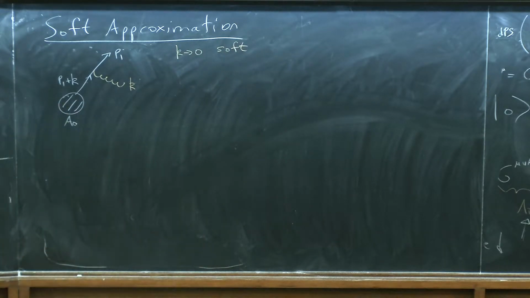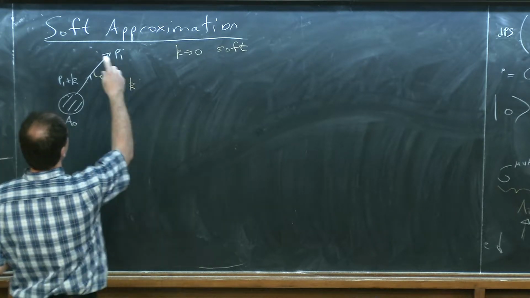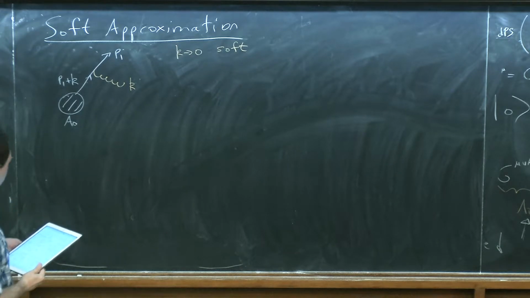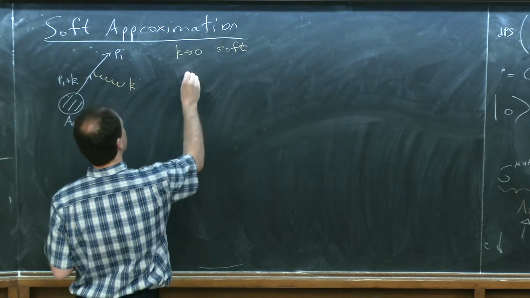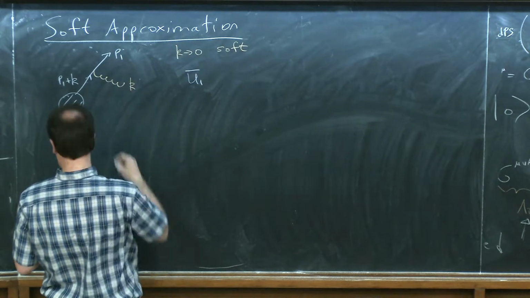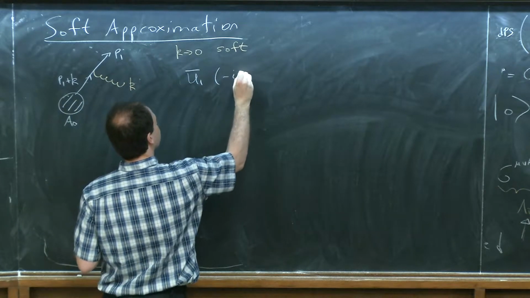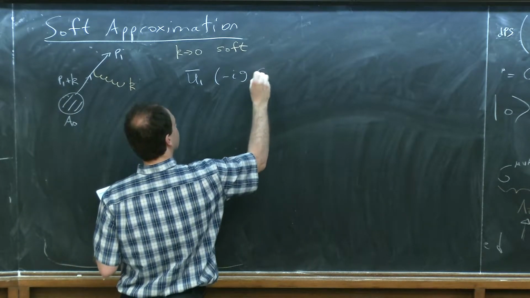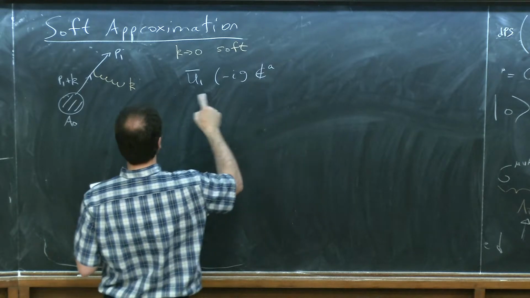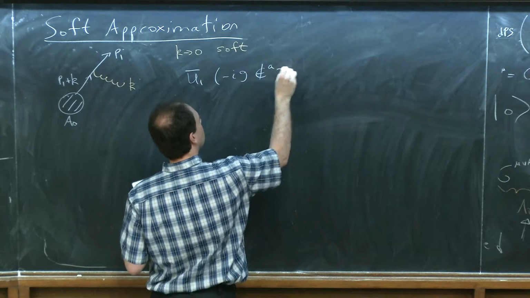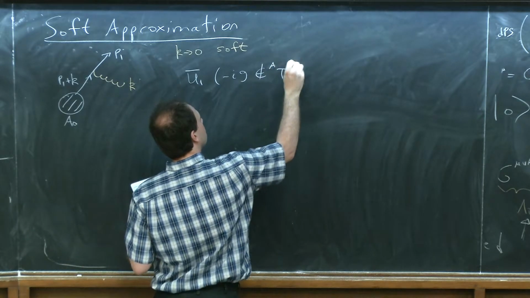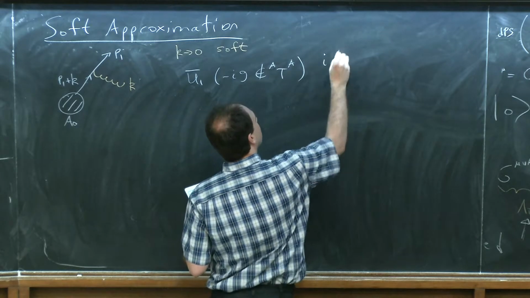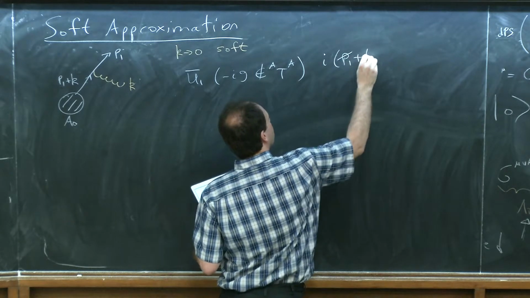And I want to see what kind of approximations I can make for an amplitude like this one. So if I just look at this part of the amplitude where the k is coupling to the fermion, I've got some spinor for the fermion. I use now my Feynman rules that we wrote down last time. Polarization vector for the soft gluon. And I have a fermion propagator.